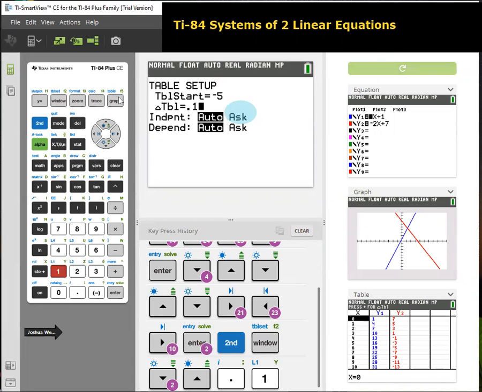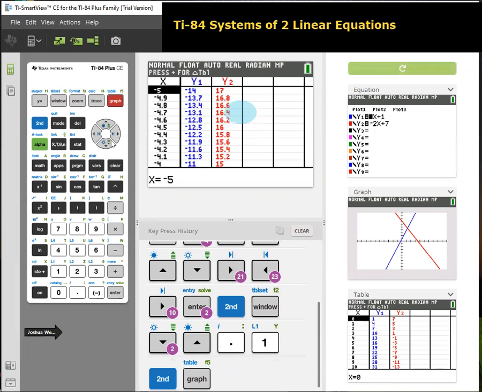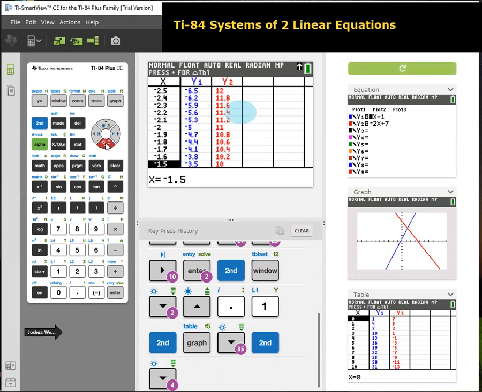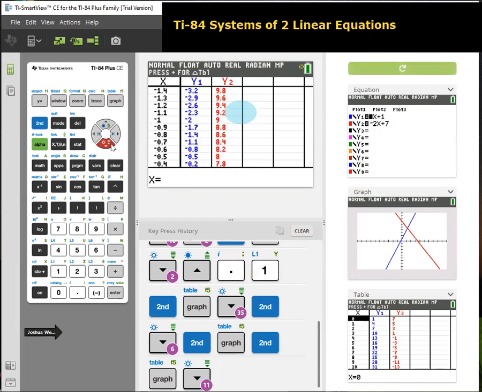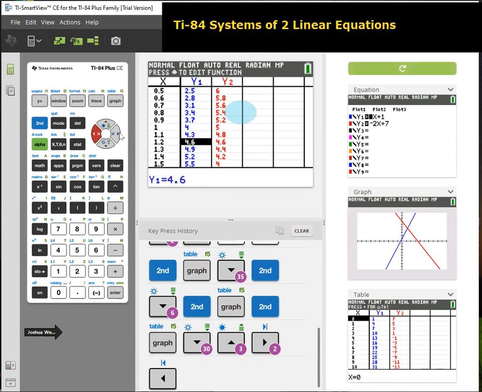Then when we go back to the table scroll, we can scroll down to 0. When we get to 1, you can see that the values of the function are getting closer. But at 1.2, here we have the exact intersection. Both the blue line and the red line have height of 4.6.